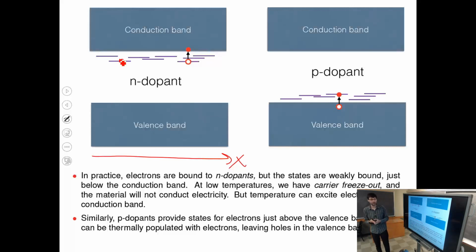This can happen. Now for p-dopant, the situation is symmetric. Those eigenstates tend to line up close to the bottom of the gap, close to the valence band edge. And so you can excite electrons into them. Remember, they have missing electrons, right? So they come as empty levels. You can excite easily an electron into one of these levels and reduce the number of electrons in the valence band or create a hole.